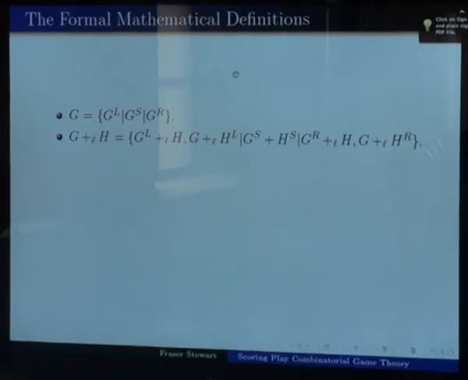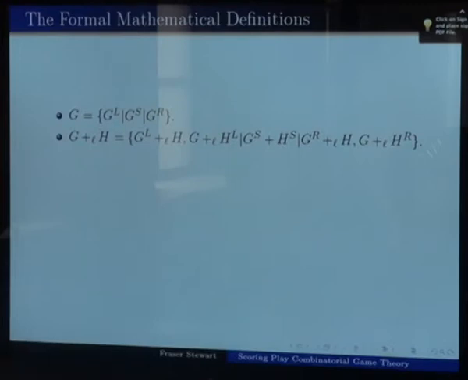Disjunctive sum looks a little bit different, but it's exactly the same thing. The only difference is that we're now using two symbols: plus sub L, and an ordinary plus symbol. The reason is that when you take the disjunctive sum of an ordinary combinatorial game, you're just summing games. But when you sum a scoring game, you're summing the scores as well as the games. So we have to do these two operations separately.